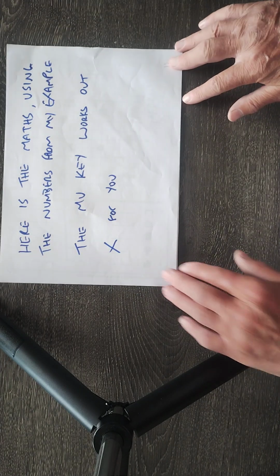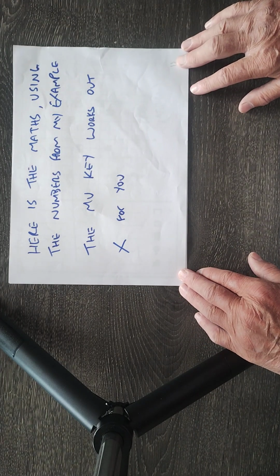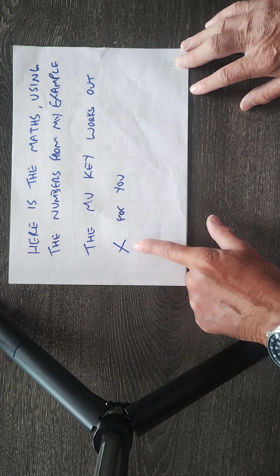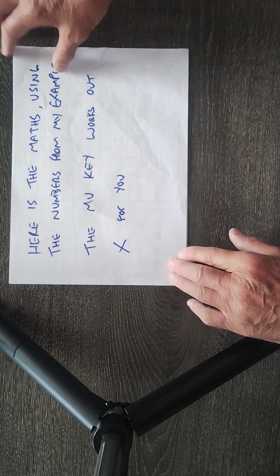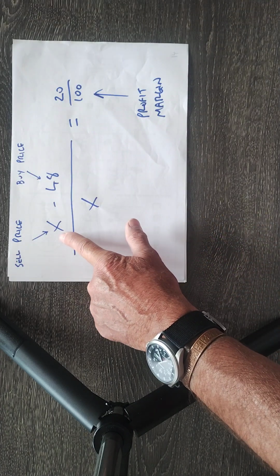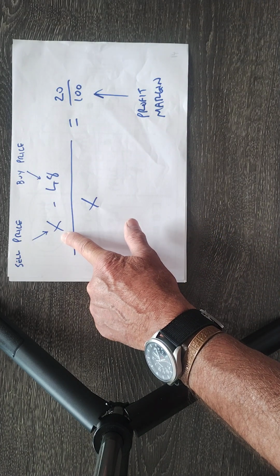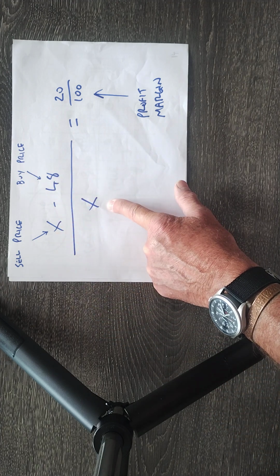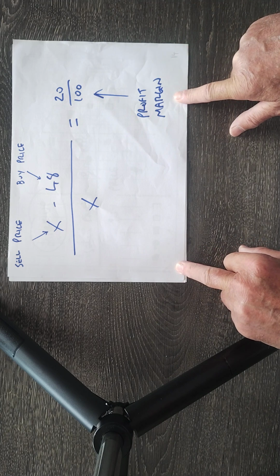Here's the actual maths that's going on using the numbers from my example. The MU key works out X for you. X, the sell price, minus the buy price, over X, gives a 20% profit margin.